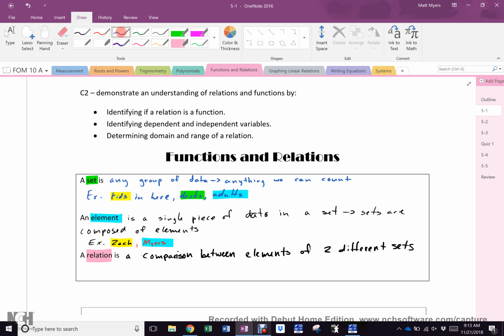So a ratio? So, yes. Desks and students, right? So in this room, there are 30 desks, but only 27 students.